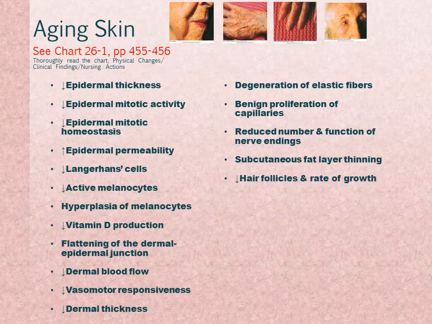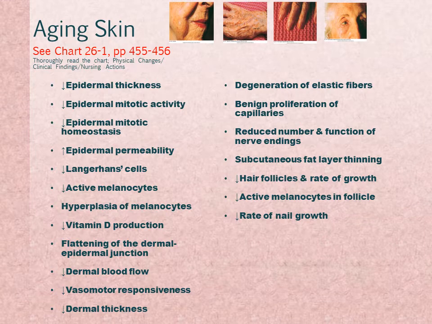a decrease in the amount of hair follicles and the rate of growth, a decrease in active melanocytes in the follicle, a decrease in the rate of nail growth, a decreased blood flow beneath the nail bed.